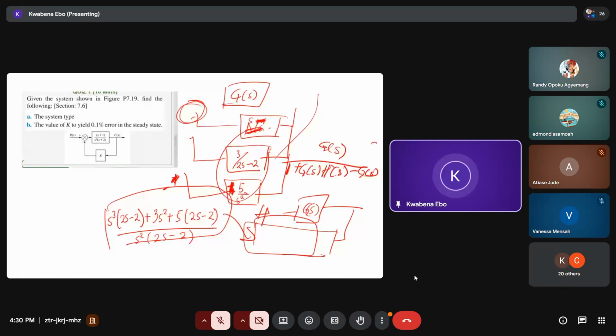So this and this are in a unity feedback system. So it will be 1 over s squared (s plus 1), over 1 plus 1 over s multiplying 1 over s squared (s plus 1). We are not finding the feedback system for this one, we're actually doing the transfer function.